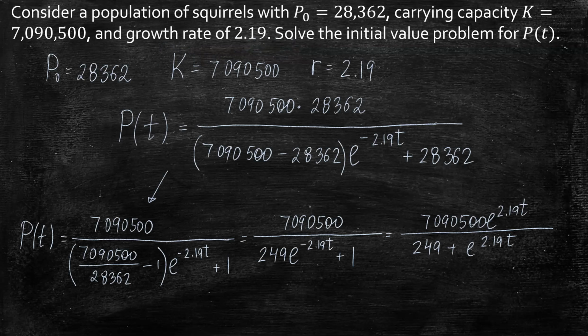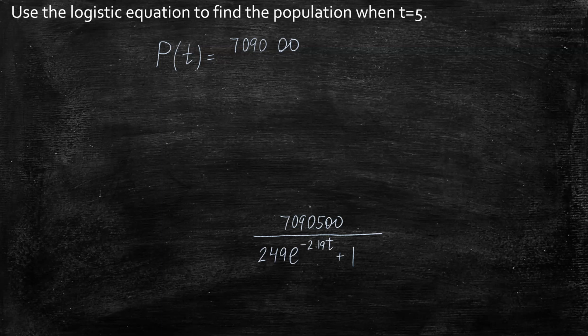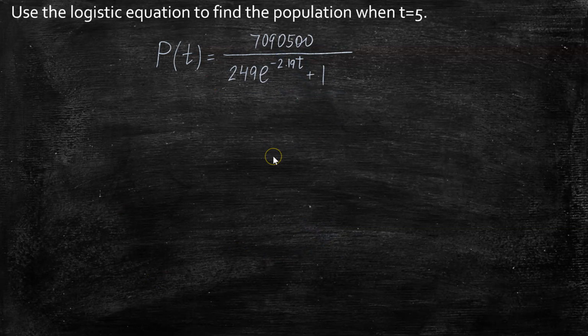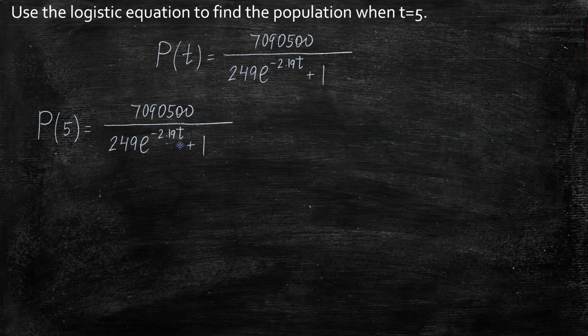I'm going to use this form because it only has one presence of t, which makes it easier to deal with. And to answer the question, we simply have to find the value of this function at 5. So instead of t, we replace t with 5.